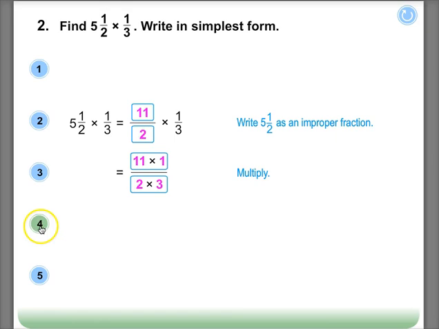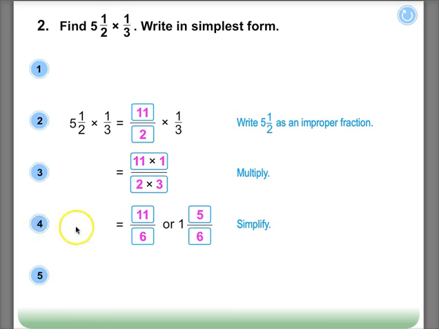Then we would get 11 over 6. To switch it back, we just divide 6 into 11. 6 goes into 11 one time. There's 5 left over once we subtract 6 from that, and then we keep the same denominator again. If you notice, there's a little pattern. We're always keeping the same denominator.